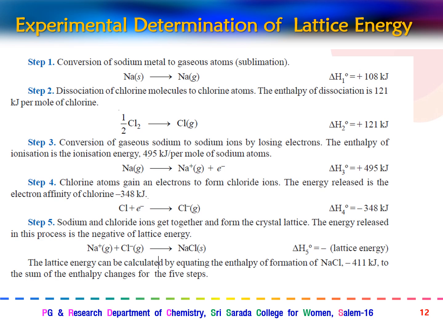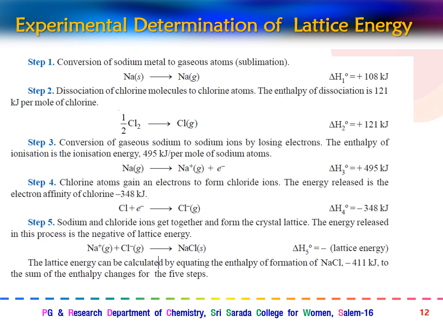The first step is the conversion of metallic sodium into gaseous sodium atoms by the process of sublimation energy. Step 2 is the dissociation of gaseous chlorine molecules into gaseous chlorine atoms, and this is called dissociation energy.